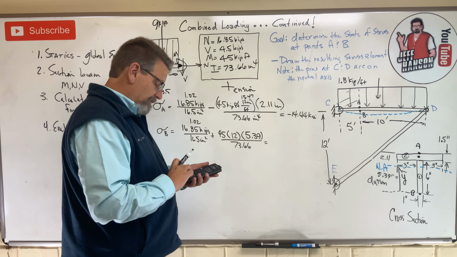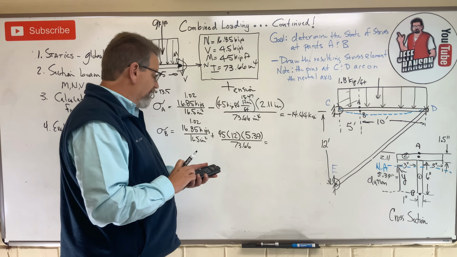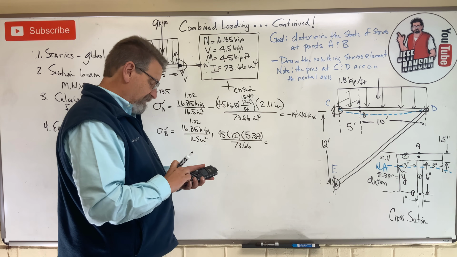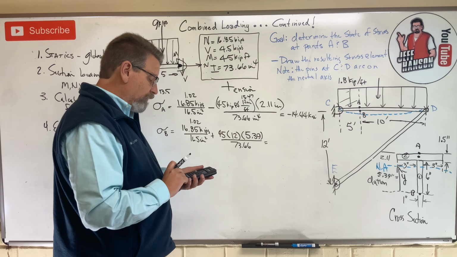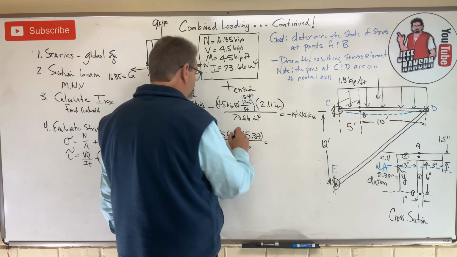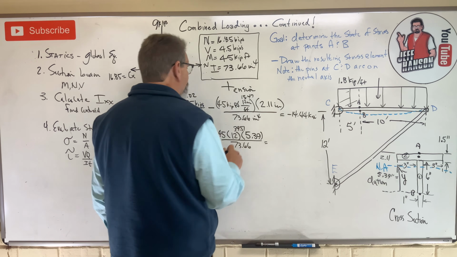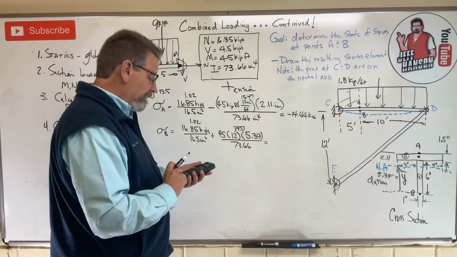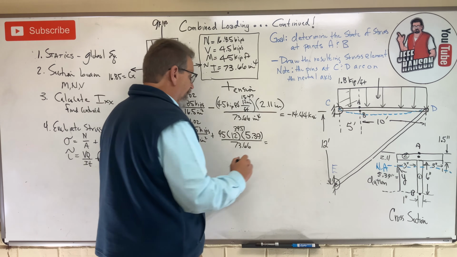And then this one is, what is this guy? 45 times 12 times 5.39 equals, divided by 73.66 equals 39.51. Okay, plus 1.02 equals 40.53.